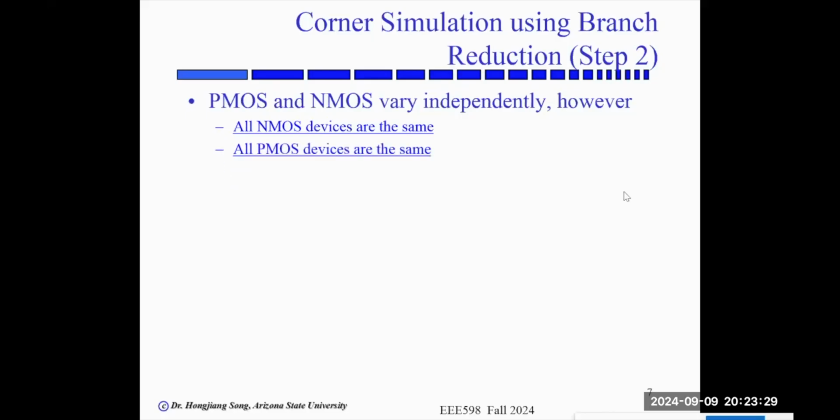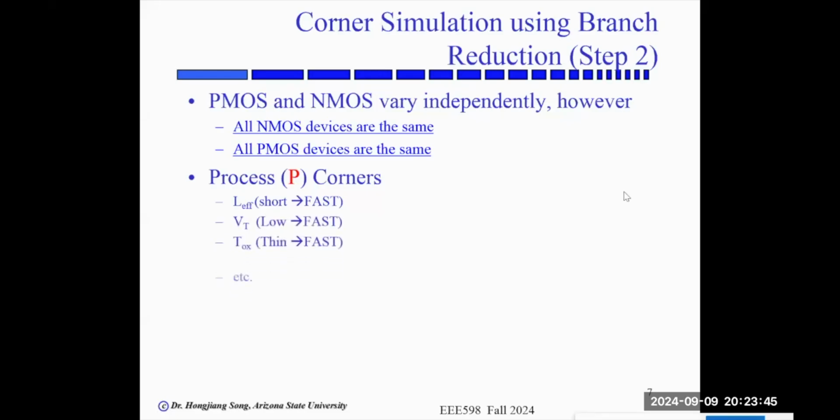So this is what we call process corner. And the process corner we're looking into is really the relation of the effective VT and all of this. So all of it is captured into the process corner. That means we'll combine all of this and just look into whether the devices are fast or slow or maybe nominal. So this is what we call the P corner, process corner.